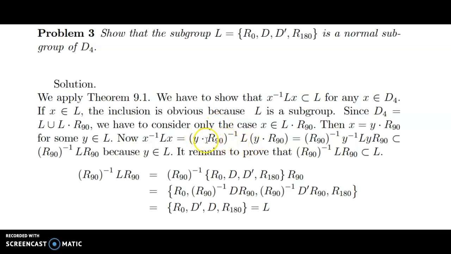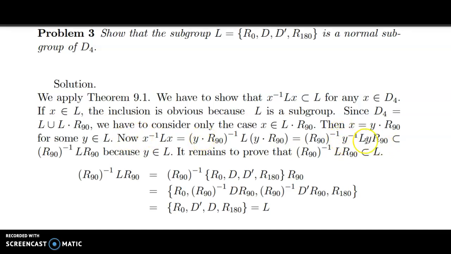Now show the property: first the inverse of R90 and then the inverse of y, L, y, R90. And here we use that y is in L, so this is contained in L.